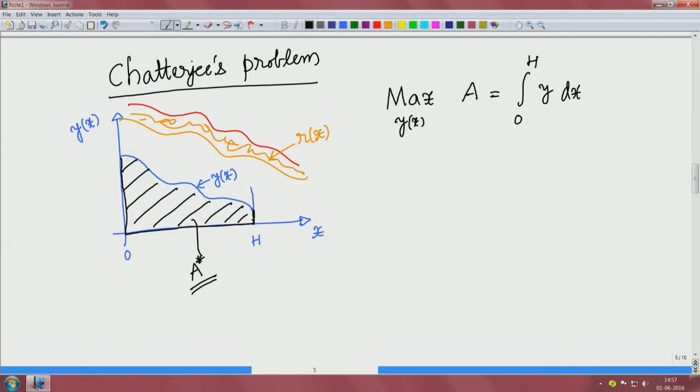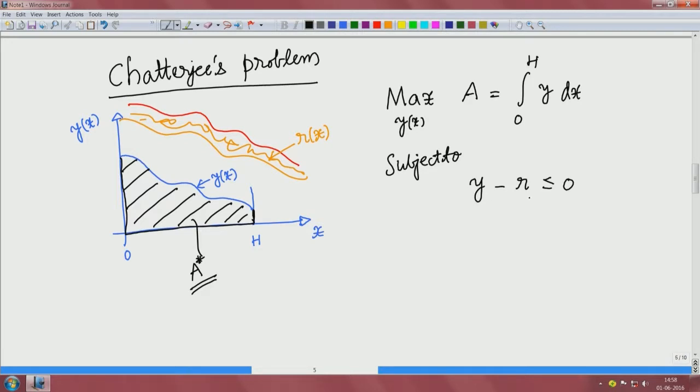So, when we have this problem and we have some constraints here, subject to the fact that y should be less than or equal to r, because the river is there, his or her fence cannot go into the river.